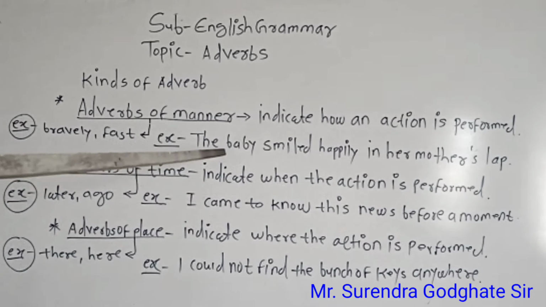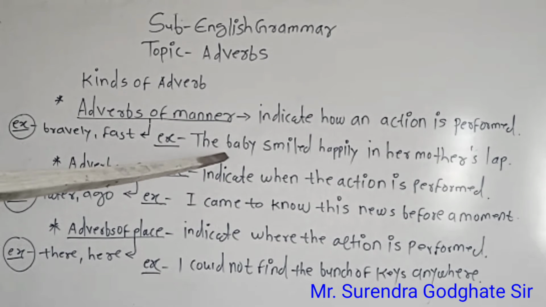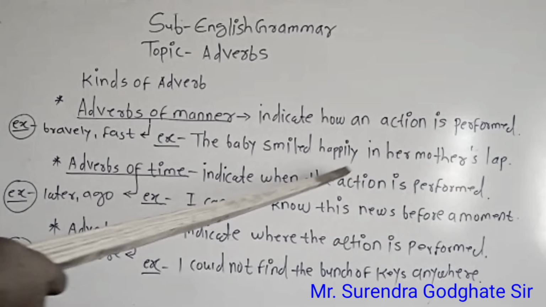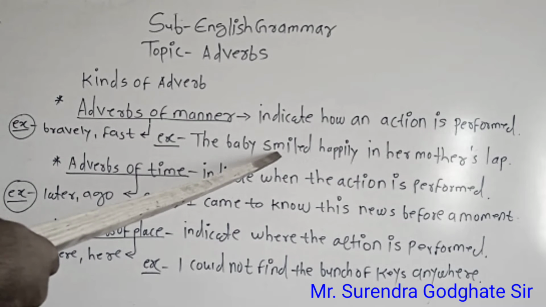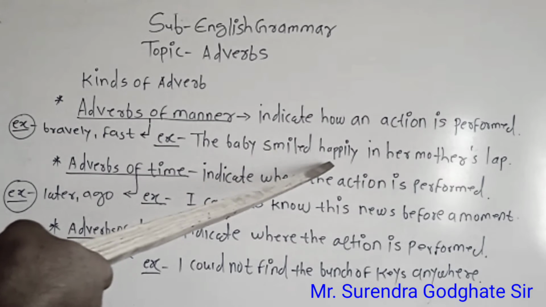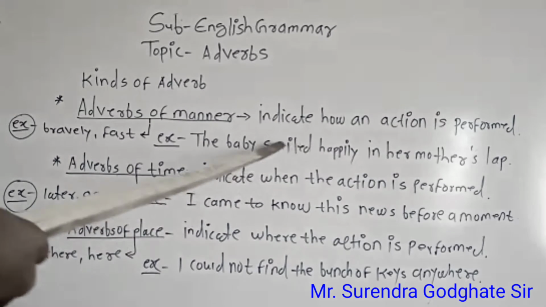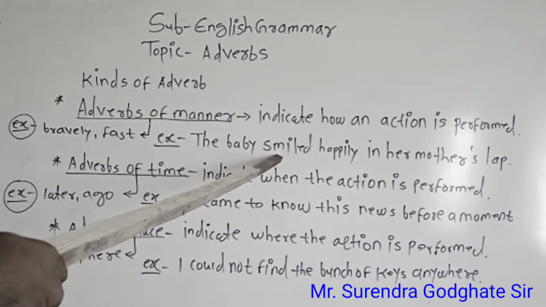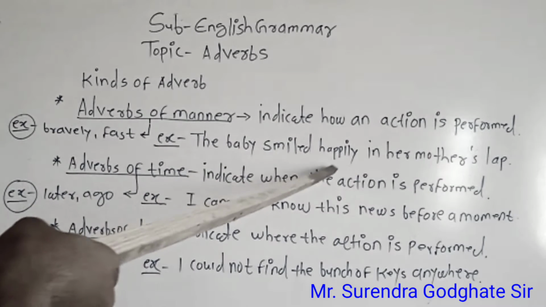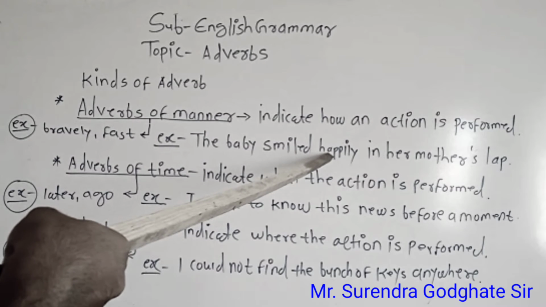Here you can see who modifies whom in the sentence. We can see that happily modifies smiled, which is a verb in the sentence, and this is the adverb of manner. It means the subject made an action, but in which manner, in a happy manner, isn't it?